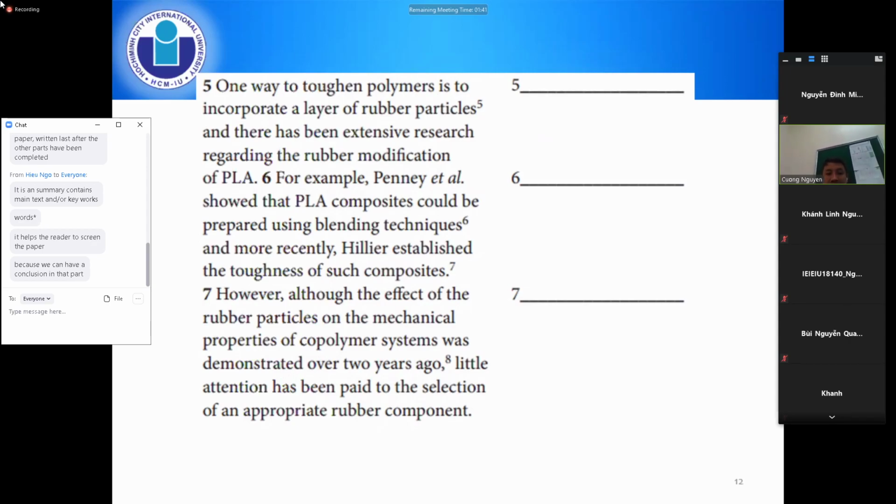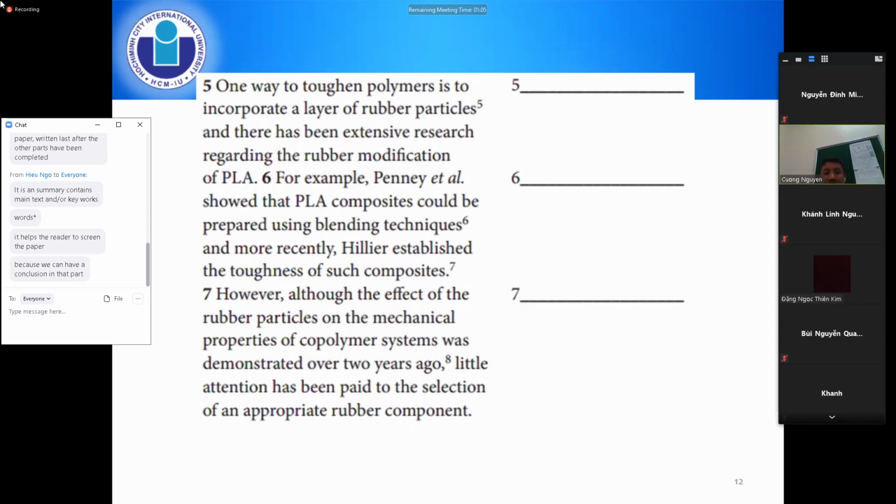Okay, so number 6. What is the role of number 6? Thiên Kim. The role of sentence 6 is to clarify the idea of the topic we already presented in sentence 5, to make it more clear.